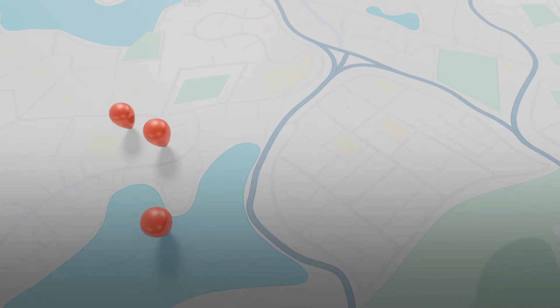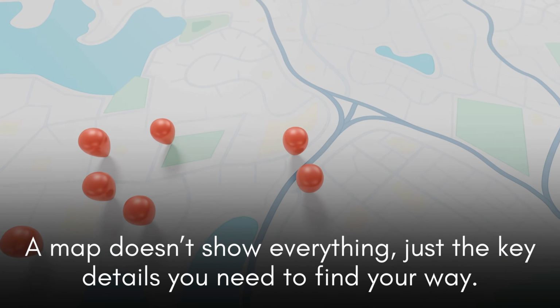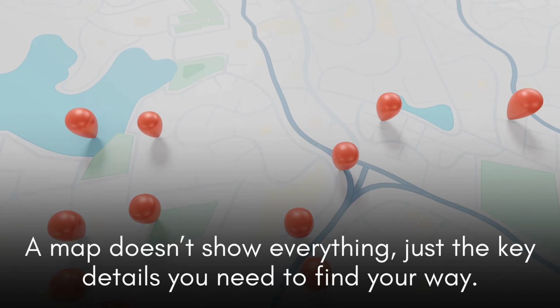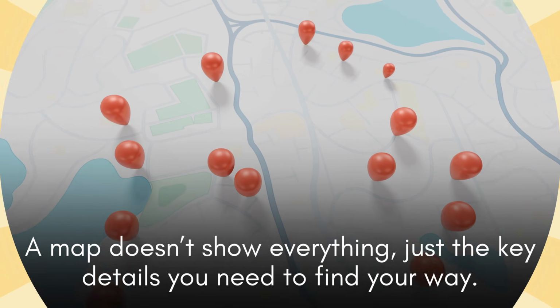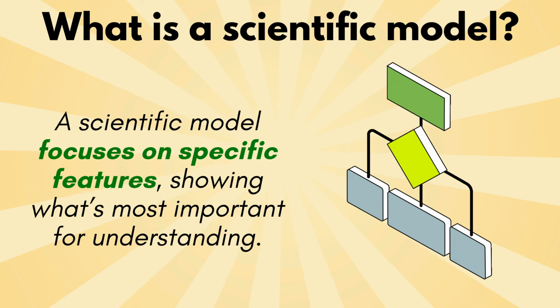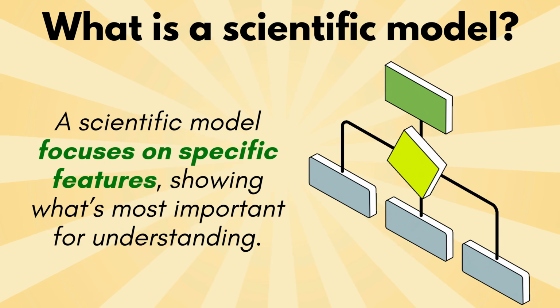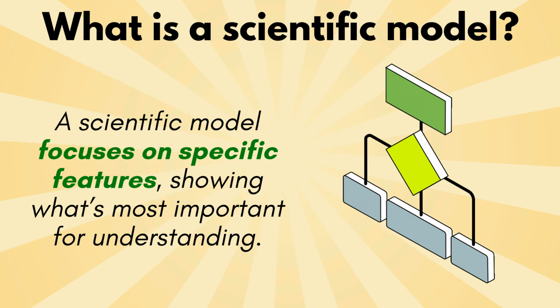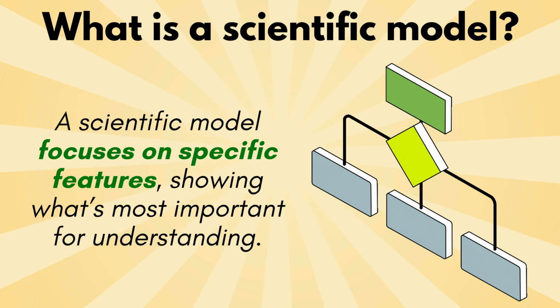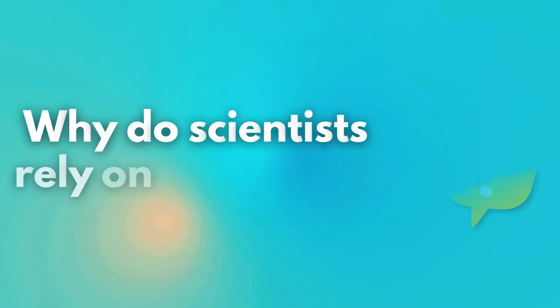You can think of it like a map. A map doesn't show every tree or building, but it shows the roads you need to get from one place to another. In the same way, a scientific model doesn't capture every detail of reality, but it highlights the parts that matter most for the question at hand.